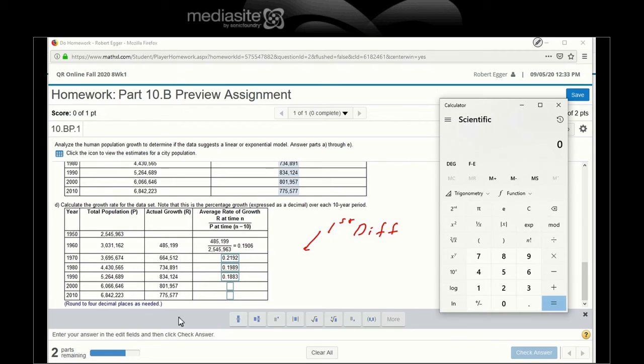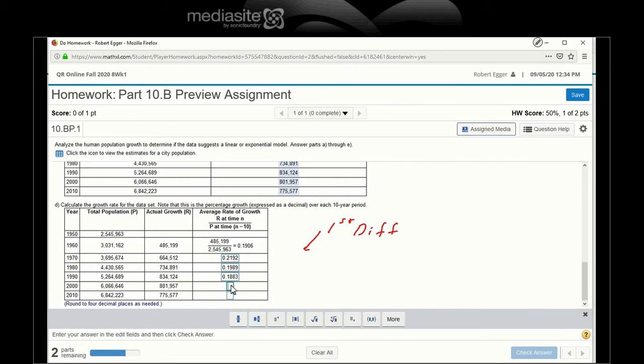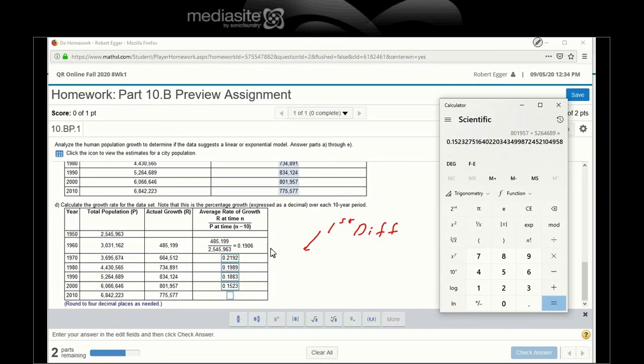Okay. Oh, bunch of busy work here. Okay, it's actual growth, 801,957, divided by the previous decade's population, 5,264,689, for 0.1523. Double check. Yes.